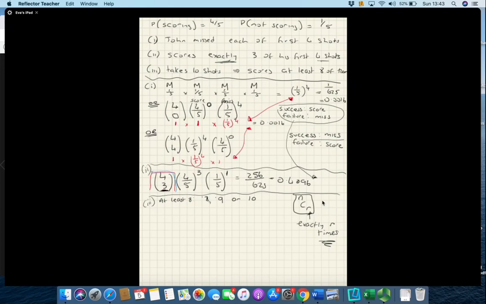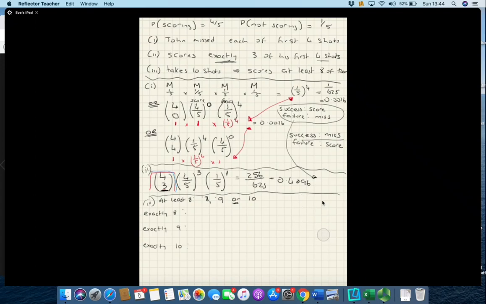Just think for a second, what is at least 8? In this case it's 8, 9 or 10, so you work out exactly 8, then exactly 9, and exactly 10. And or, you should know from the last recording, means you add the probabilities together.